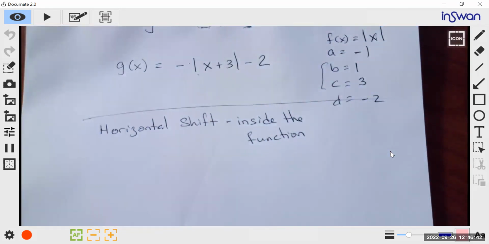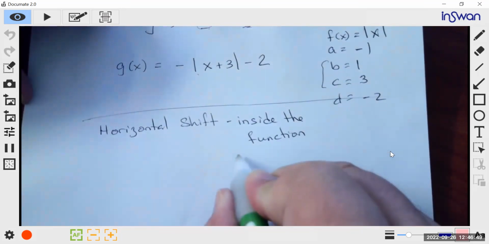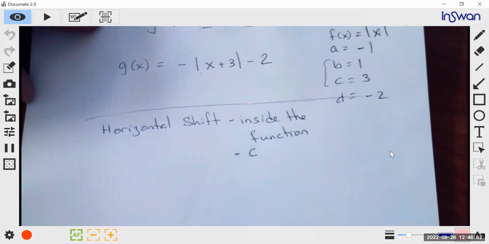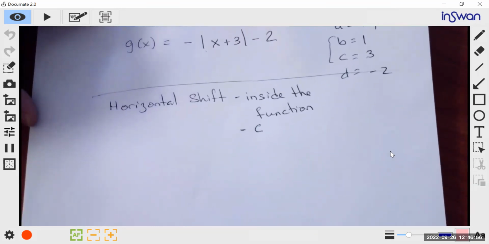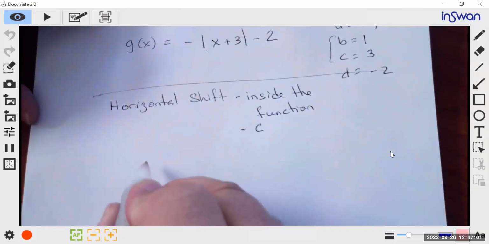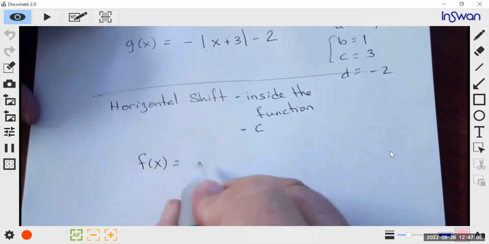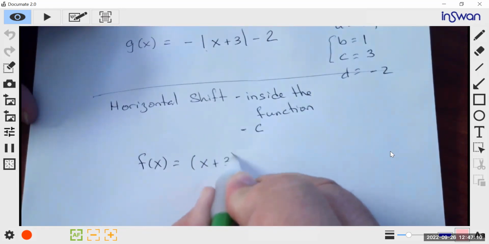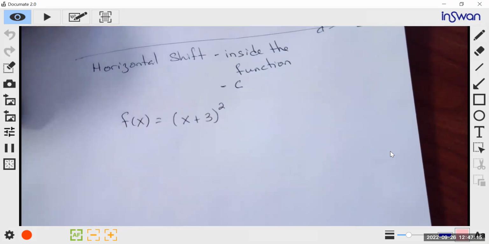The horizontal shift is dictated by what happens inside the function. It follows the value of c.